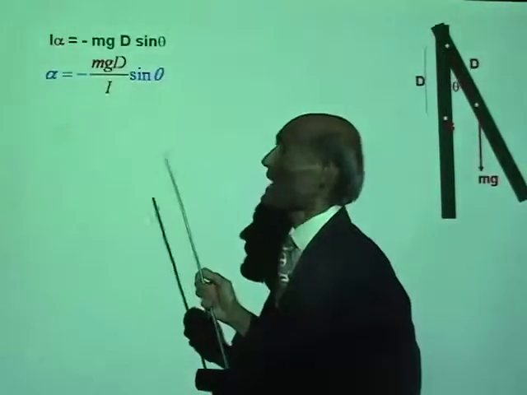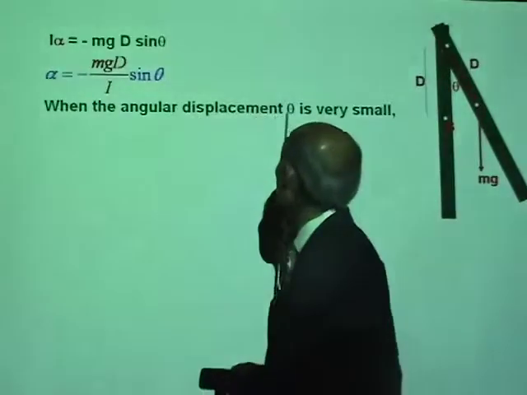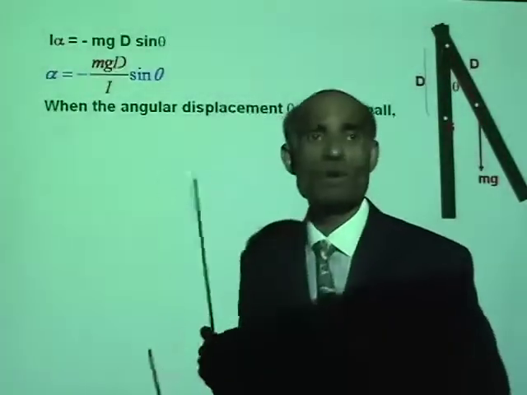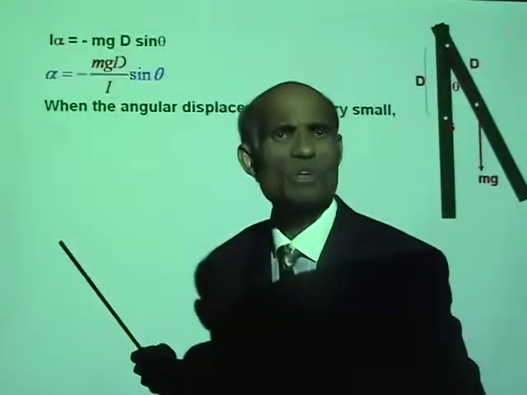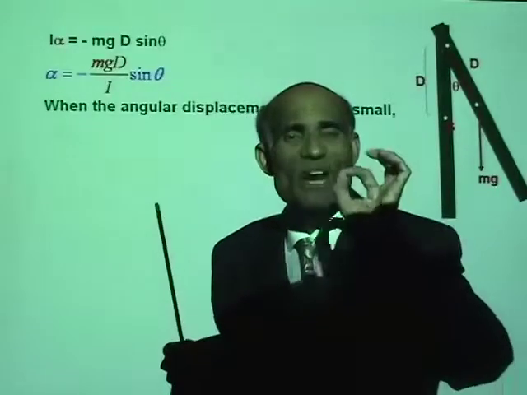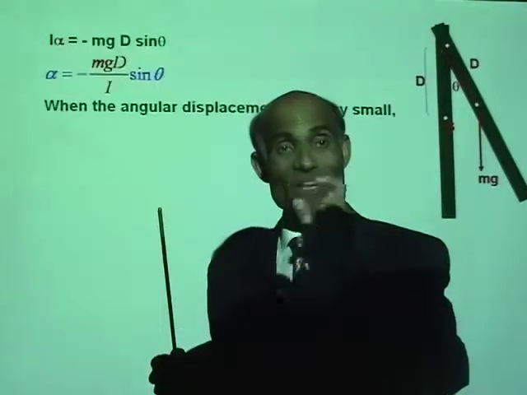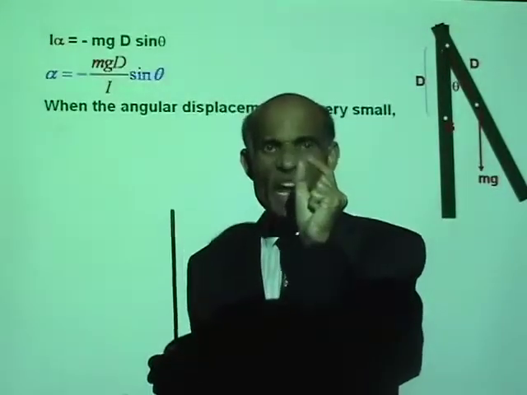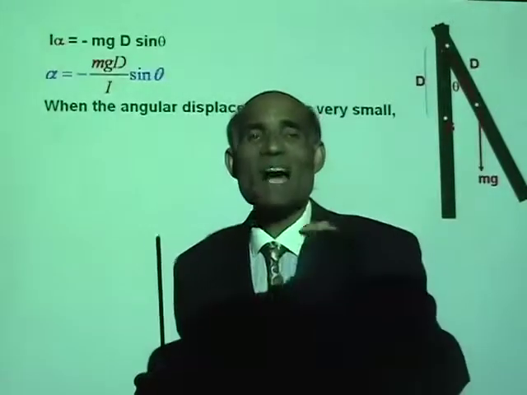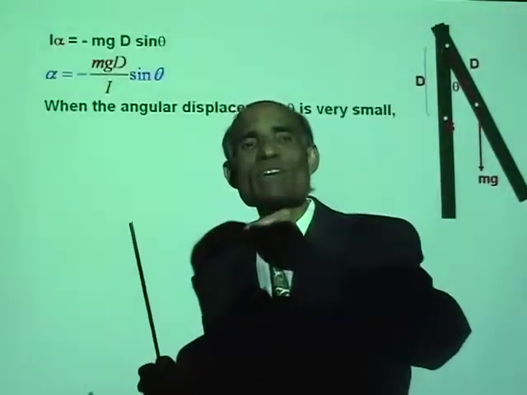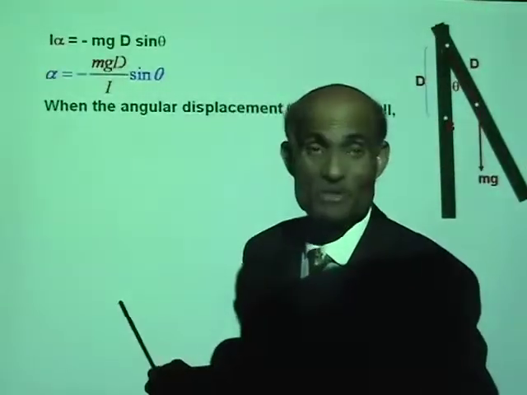Well, I'm going to do a small approximation. When the angular displacement theta is very small, sine theta is actually the same as theta. Have you ever seen that? If the angle is very small, but remember, measured in radians, like 0.02 of a radian, sine of 0.02 radian is the same as 0.02. You see?